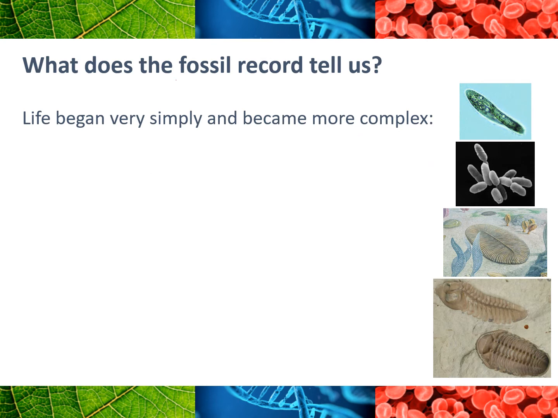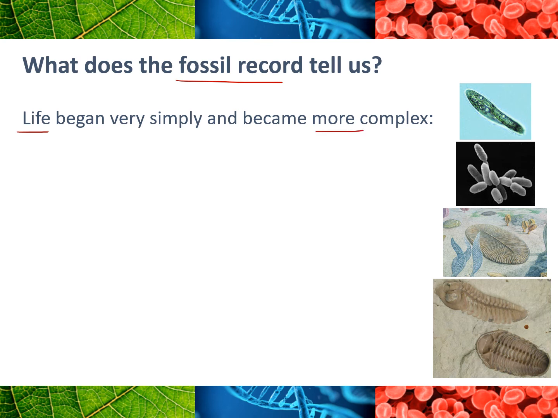So the fossil record tells us quite a few things, and these are just the basics that you need to know, and we'll come back to this more when we look at human evolution. We know that life began very, very simply and became more complex, and that makes sense.